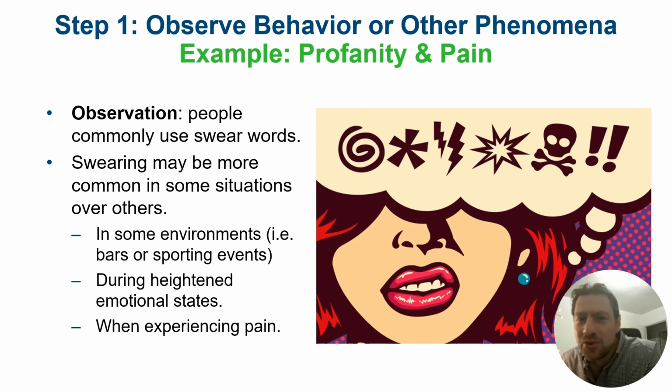So maybe on your adventures of observing these strange primates called Homo sapiens, you notice that we use profanity. And profanity is interesting. To my knowledge, it's found in every language, every culture. And furthermore, there are similarities across language and culture regarding what is profane.